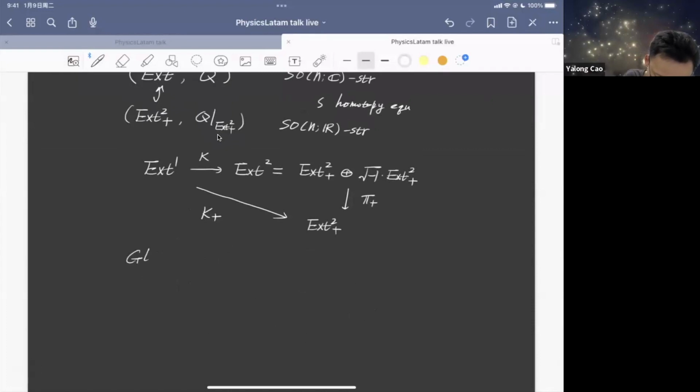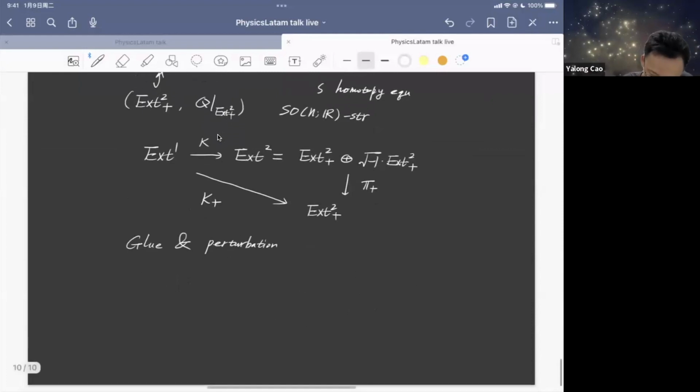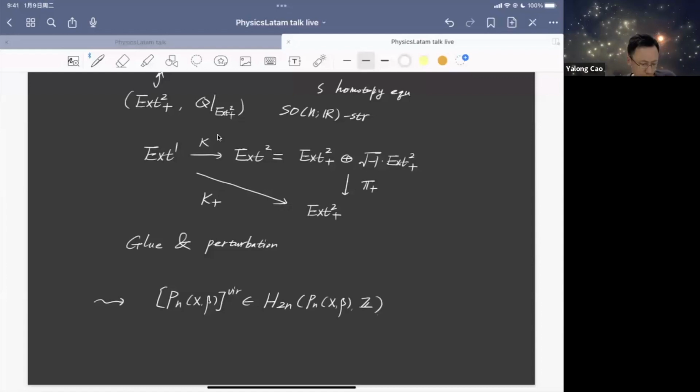Then the idea is to glue such local models. And as before, we do perturbations to make things transversal. Then what this ends up giving you is some virtual class, in this homology class, with integer coefficients.